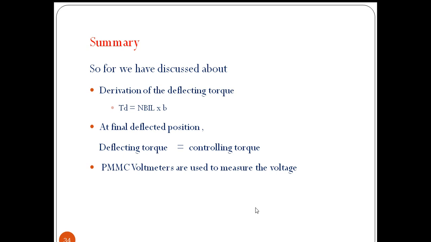L and B are the length and breadth of the coil. At the final deflecting position, this deflecting torque will be equal to the controlling torque. TD is equal to TC, and current is directly proportional to theta, so we have a uniform scale. A PMMC voltmeter is used to measure voltage, and a PMMC ammeter is used to measure current.